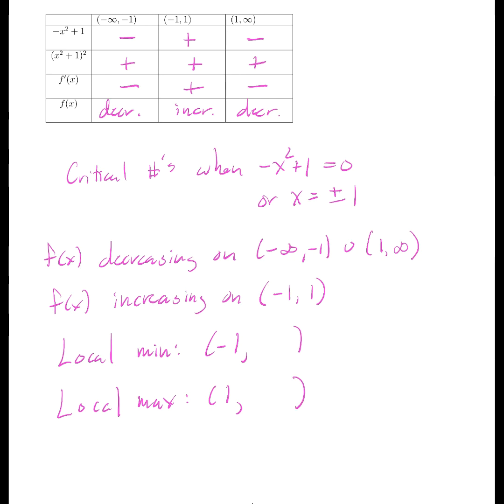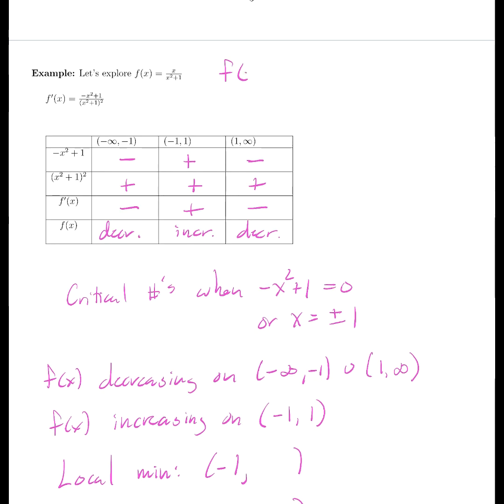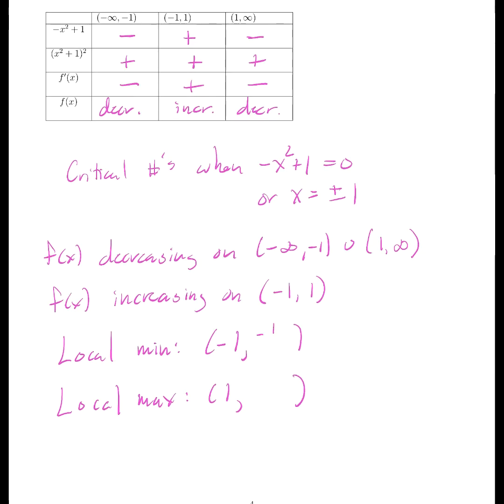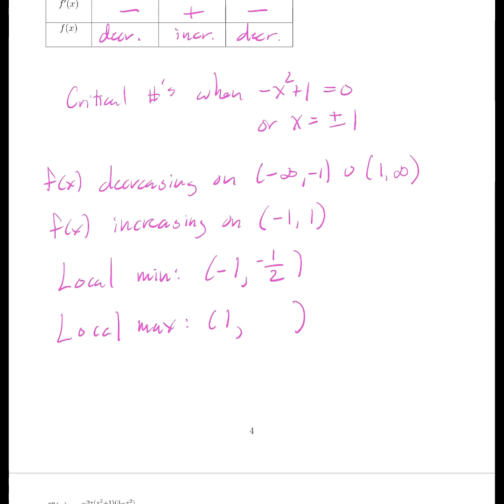We fill in this something by evaluating the original function. So f of negative 1 is negative 1 over 1 plus 1, or negative 1 half. So we have a local minimum at negative 1 half, and f of 1 is 1 over 1 plus 1, or 1 half, and we have a local maximum at 1 half.